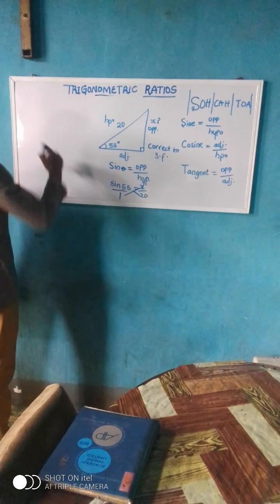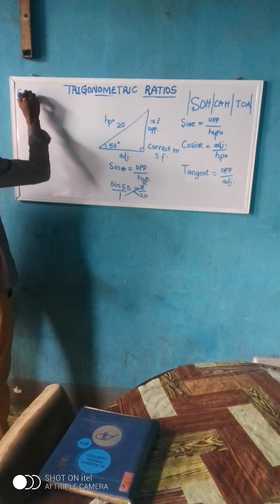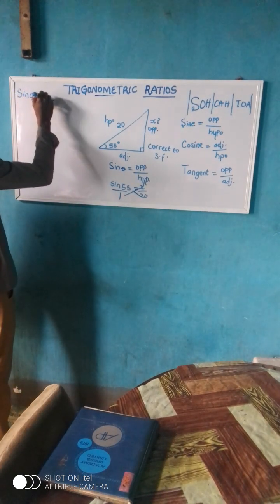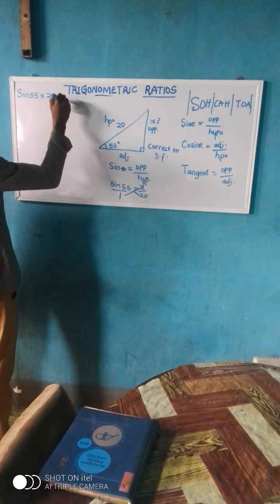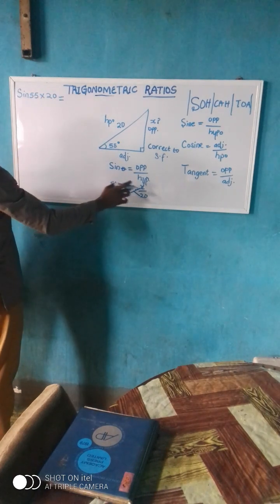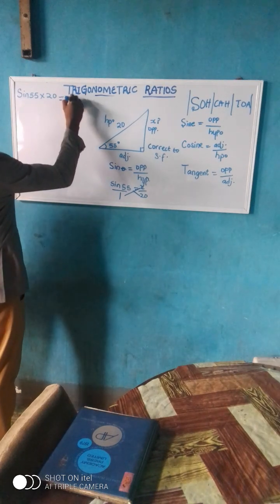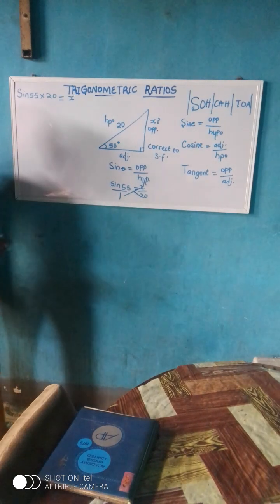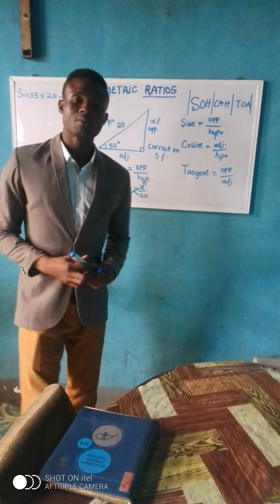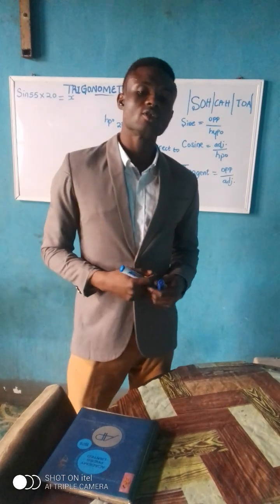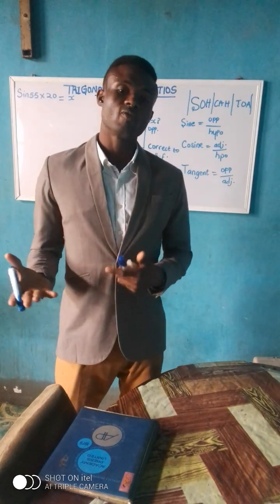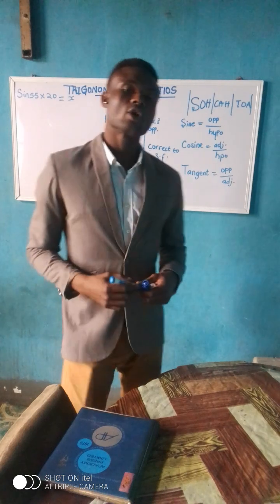So sine 55 times 20, obviously when this multiplies this, it will still give you x. So x times 1 is x, so we just write x. Remember, you can find the values of sine using your four-figure table or your calculator.